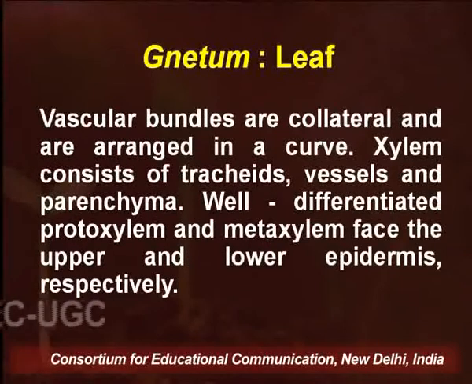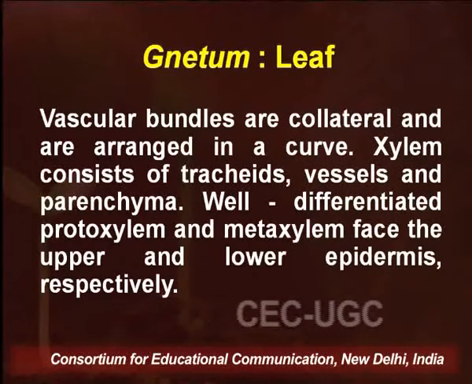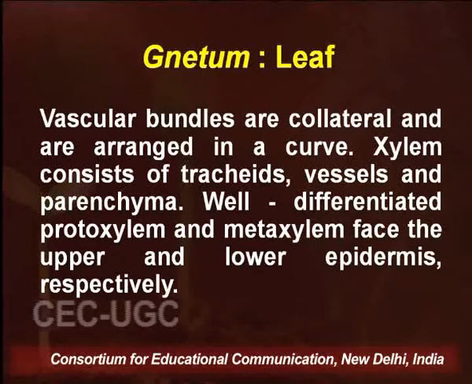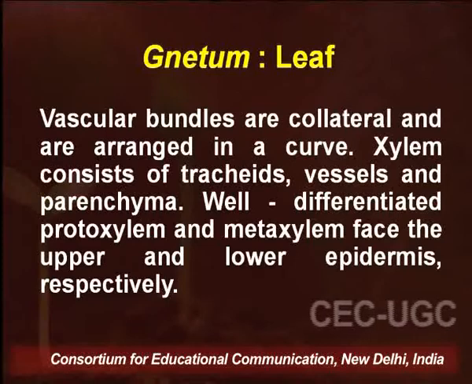The vascular bundles are collateral and are arranged in a curve. Xylem consists of tracheids, vessels and parenchyma. They are well differentiated into protoxylem and metaxylem. They face the upper and lower epidermis respectively.